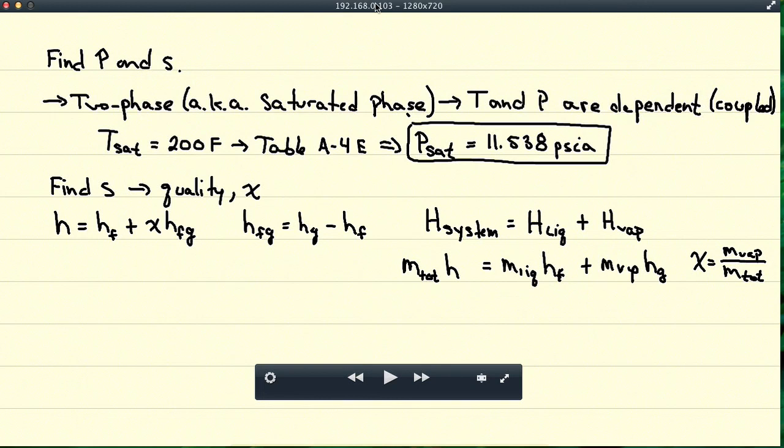And the other thing I'm going to remember is that my total mass, m total, is equal to the mass of liquid plus the mass of vapor. That's important because I can now say that my mass of liquid is equal to the total mass minus the vapor mass.